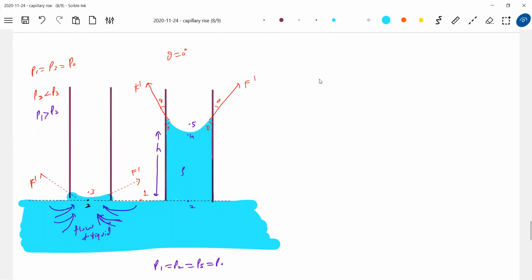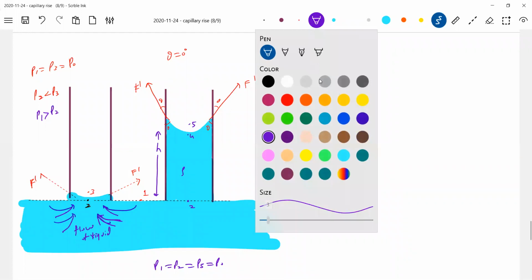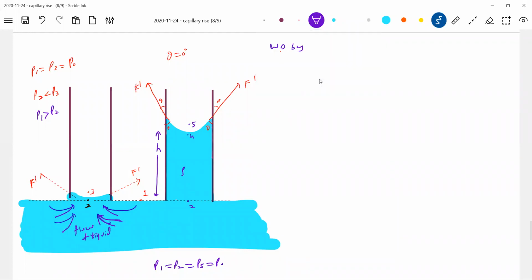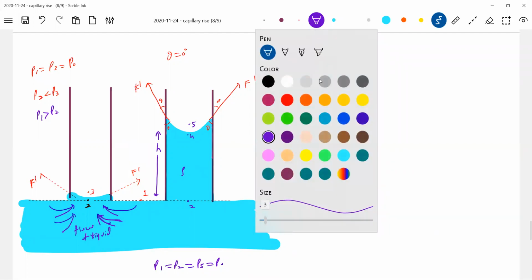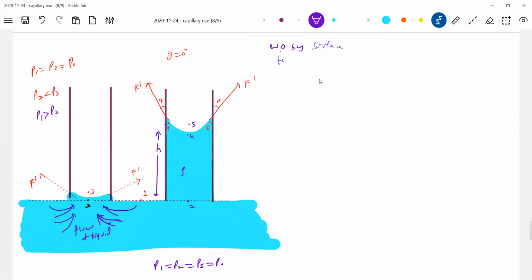So what is the work done by surface tension? Now there's a very important theoretical idea. Work done by the surface tension force in pulling the meniscus to height h.